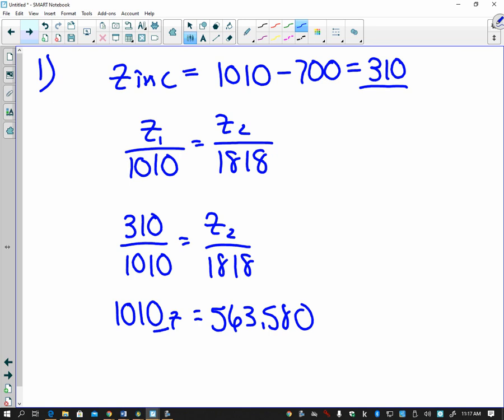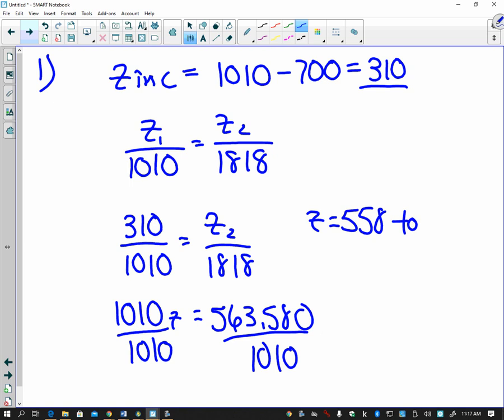Divide that by 1,010. It should be 558 tons, because everything's done in tons here. Okay? Are we good with that?